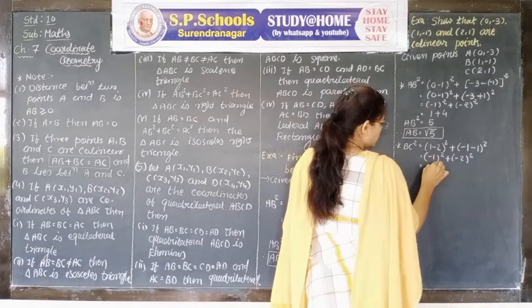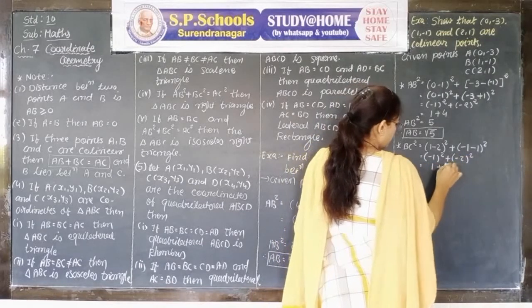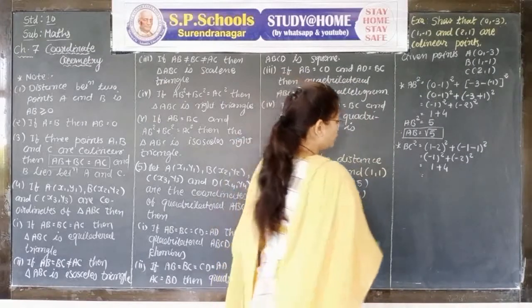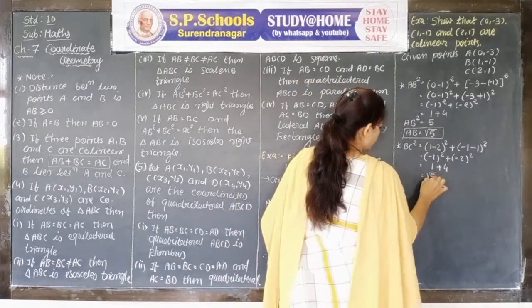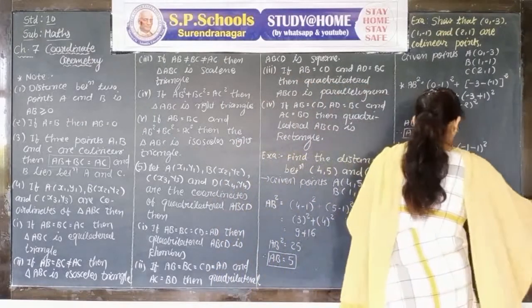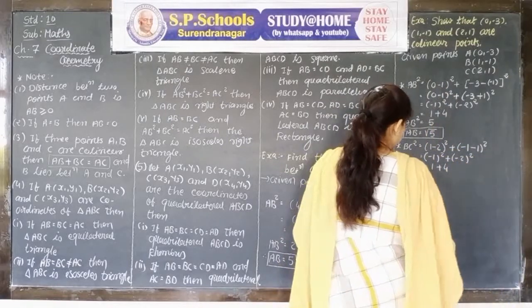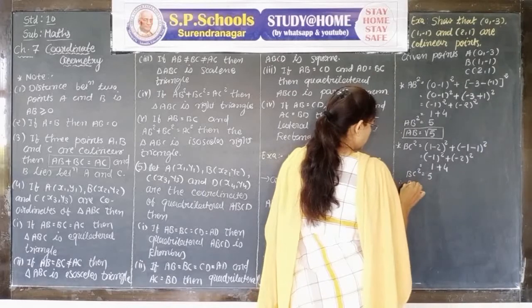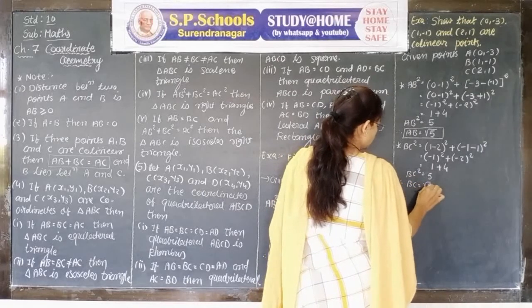Minus 1 square is equal to 1, minus 2 square is equal to 4. Now 1 plus 4 is 5. BC square is equal to 5. If BC square is equal to 5, then BC is equal to root 5.